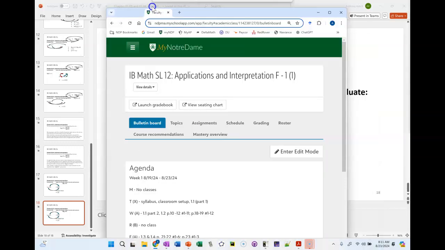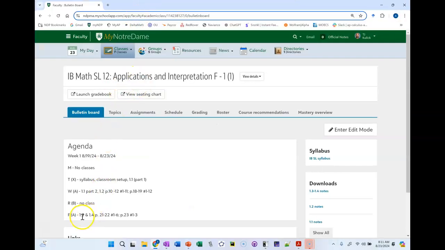So if you look, the next homework set for sections 3 and 4 is on My Notre Dame. I'll get that in as an assignment here before we leave today.